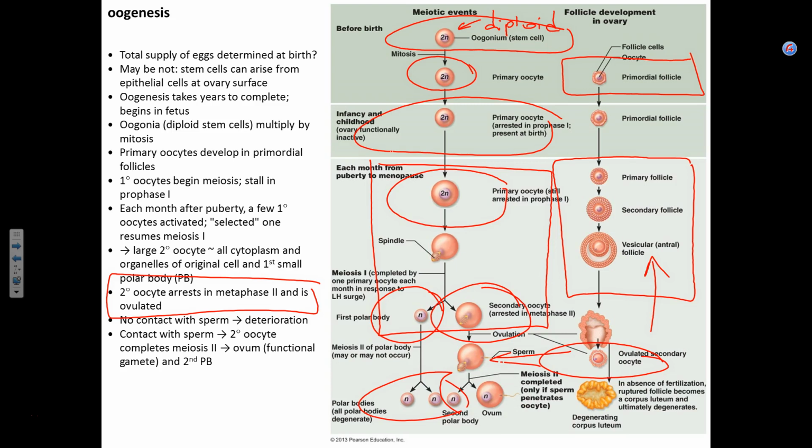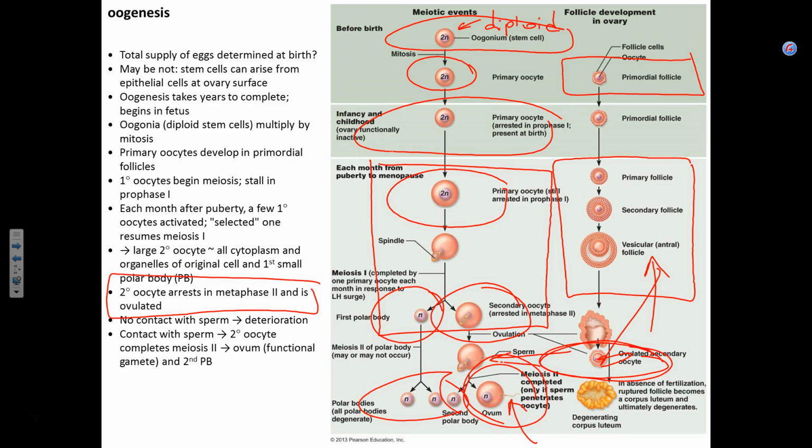Now, secondary oocyte becomes an ovum only if it's fertilized by spermatozoa. Let me say this again. So secondary oocyte, which is arrested in meiosis 2, if it's not fertilized, it will remain secondary oocyte and die as secondary oocyte.